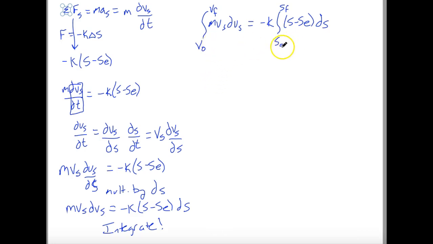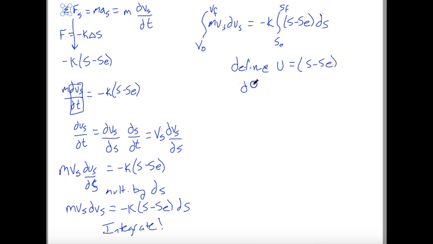If we go through and do that, let's define u is equal to S minus SE. So we're going to say u is going to be equal to S minus SE.